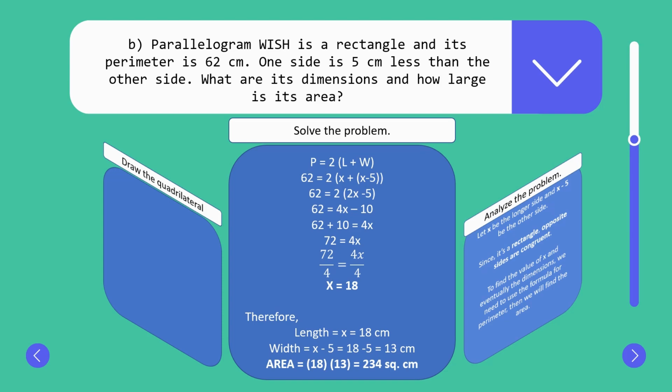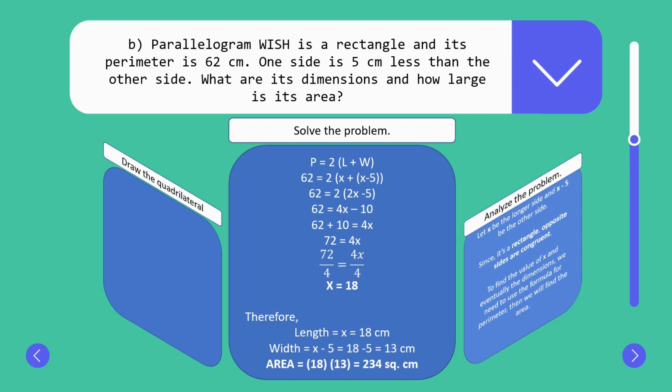We put negative 10 on the left side of the equation. So this becomes 62 plus 10 equals 4x. We add 62 and 10. Its sum will be 72 equals 4x. We are solving for the value of x, so we need to divide both sides by 4. This becomes 72 divided by 4 equals 4x divided by 4. Then x is equal to 18.